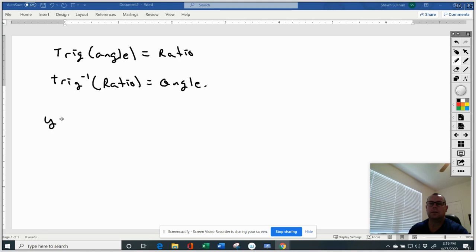And so if we have y equals sine inverse of x, there's some domain restrictions, or really a range restriction on the inverse.